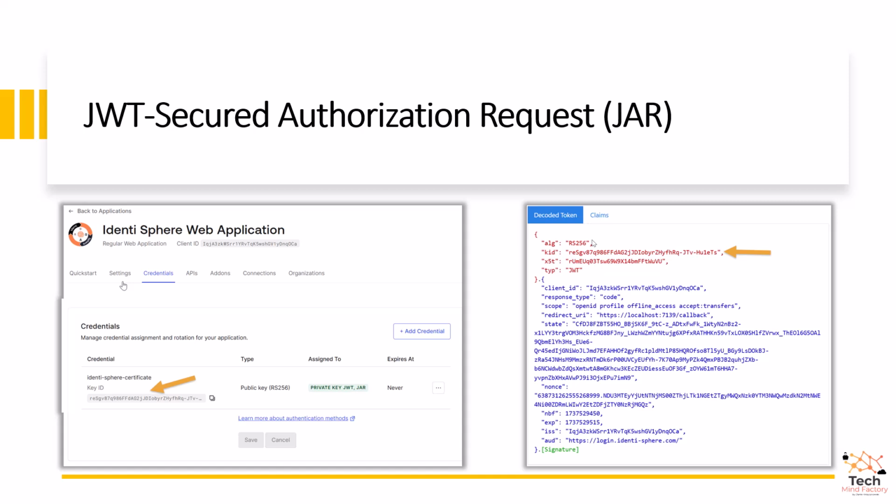And as you can see, under the KID claim in the header, we have the key ID, which is then used to tell Auth0 which credential should be used to check the signature on this JWT. So it's really powerful. As I mentioned before, we can use JWT-Secured Authorization Requests with both the standard authorize endpoint and with the Pushed Authorization Request endpoint.